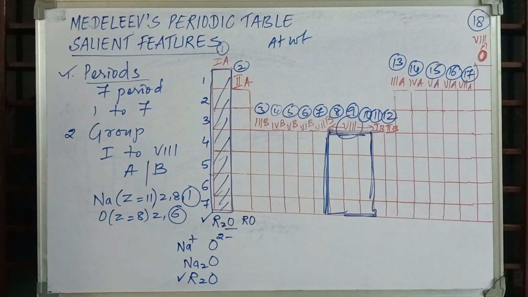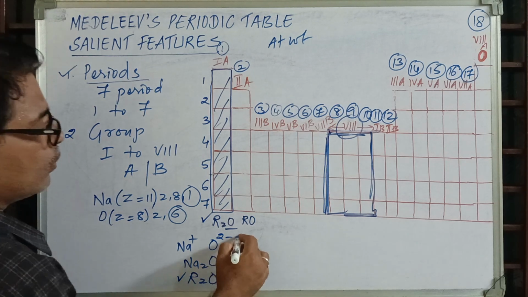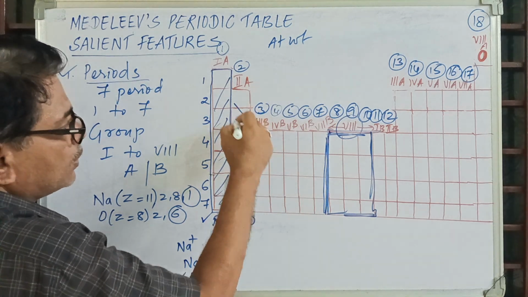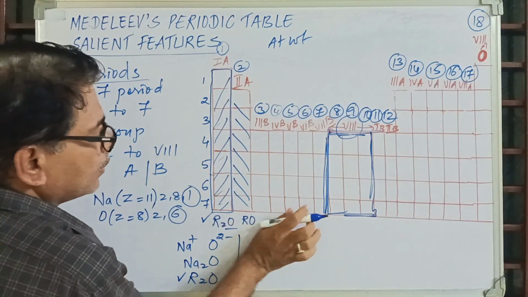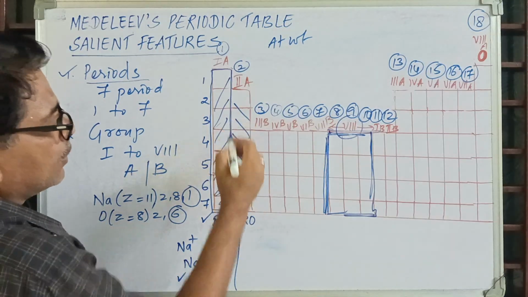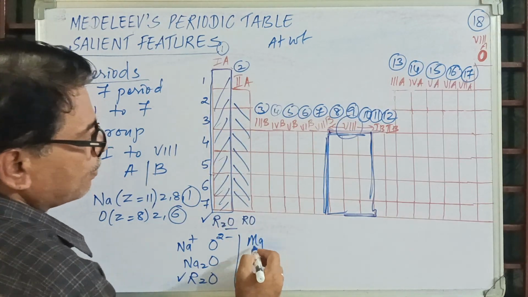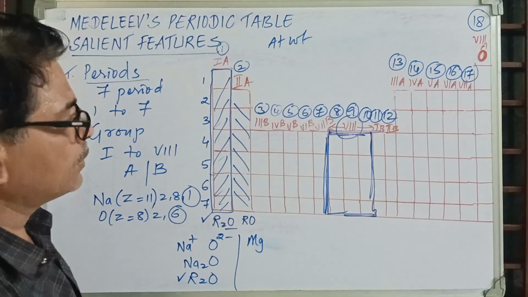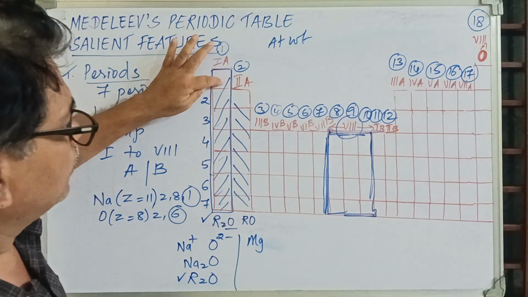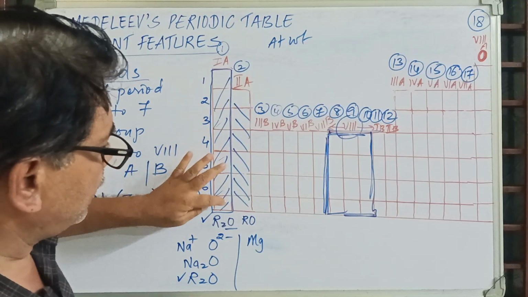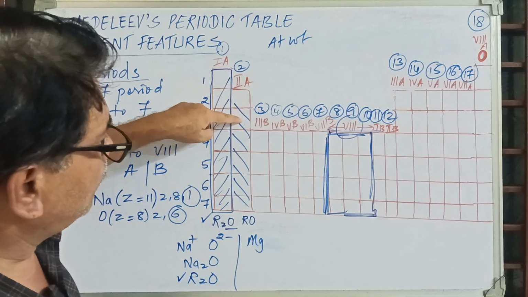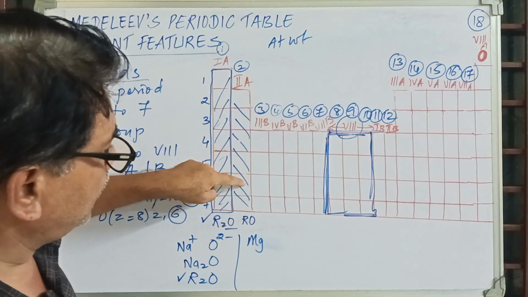Now coming to RO. All the elements in this group, you have to take them as R. Take any element in this one. Let's take the one beside sodium, magnesium. Group 1A has hydrogen, lithium, sodium, potassium, rubidium, cesium and francium. Here we have beryllium, magnesium, calcium, strontium, barium and radium.